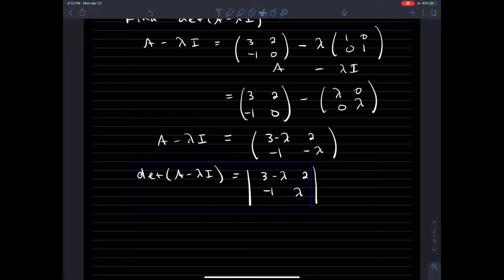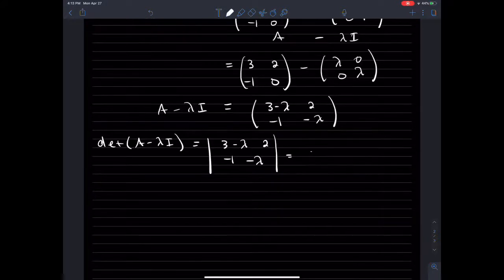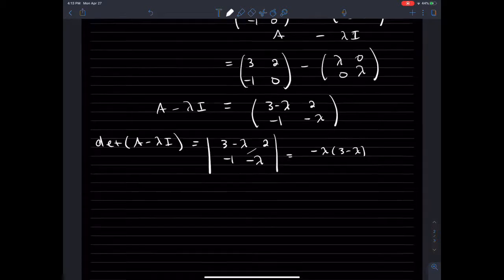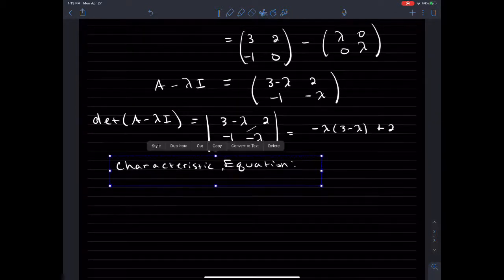It's going to be minus lambda times 3 minus lambda, minus a minus is a plus 2. My characteristic equation is basically I set my determinant equal to 0.